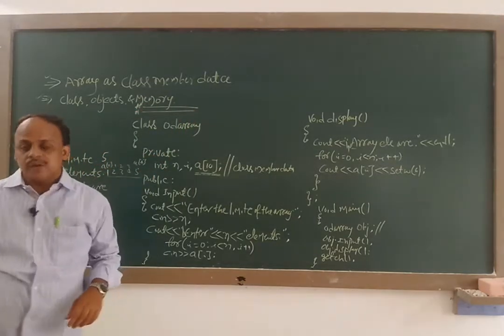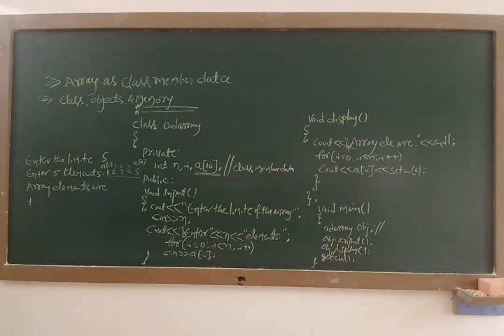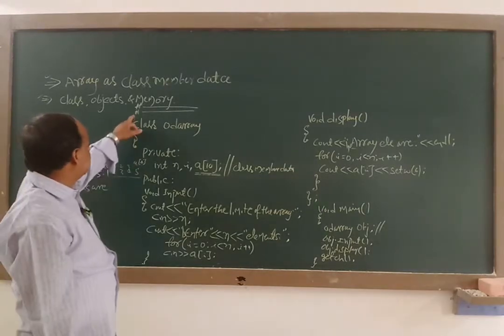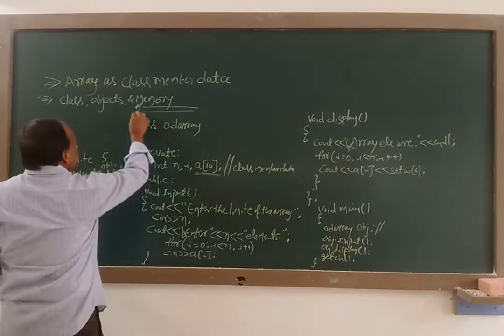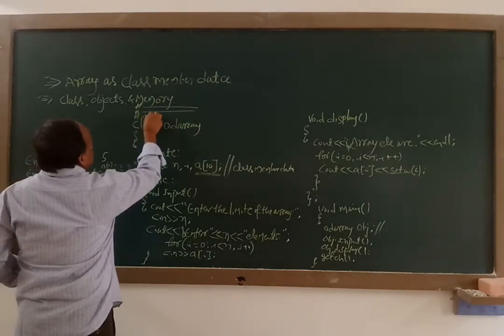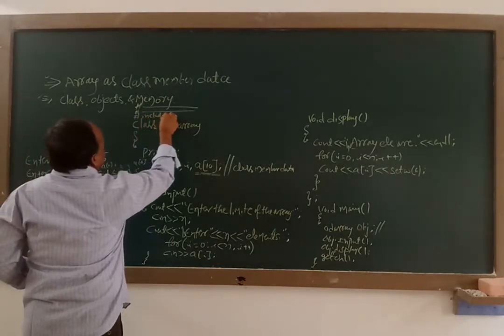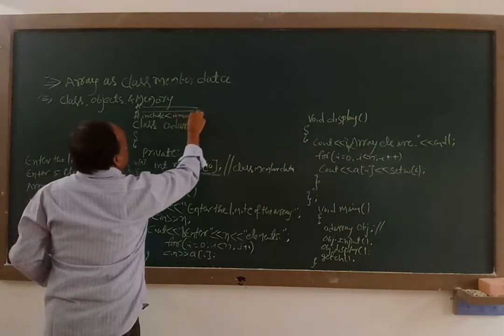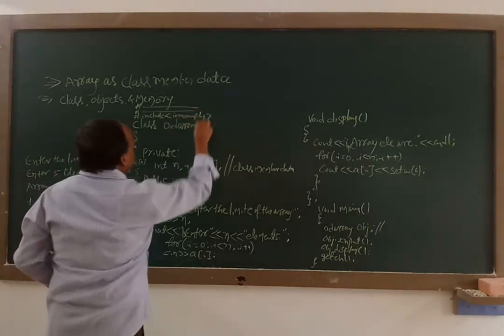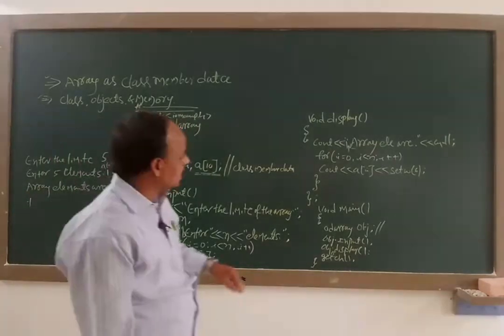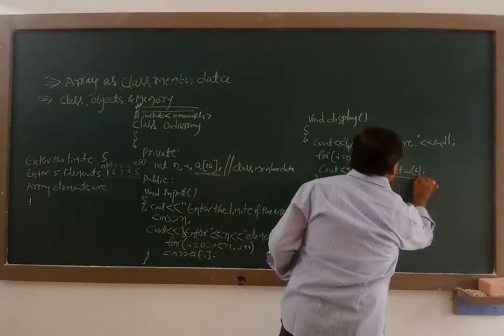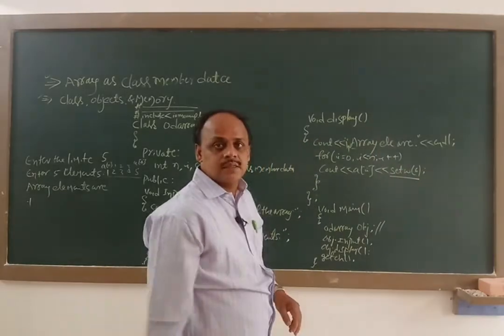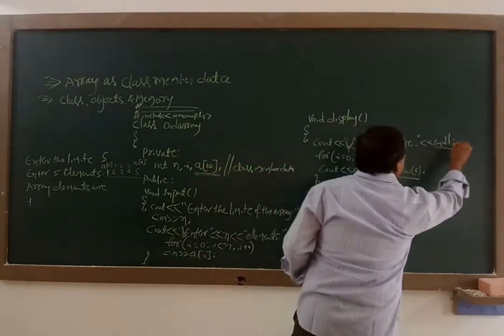Here I have to consider one more header file for this program, that is hash include iomanip.h, because I am using the setw function here as well as endl.